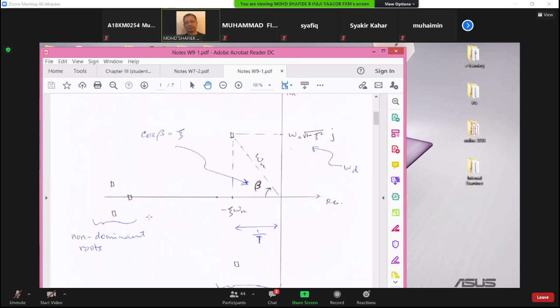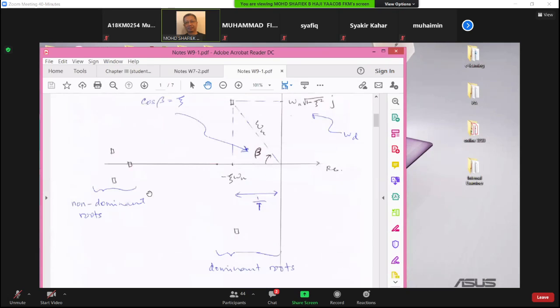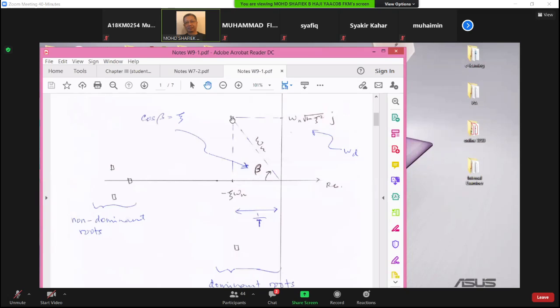So we are going to estimate the behavior of the system just based on the dominant roots. Now, for example, we have a fifth order system. You have these 5 roots, 1, 2, 3 on the far right. The dominant roots are the roots closer to the imaginary axis.